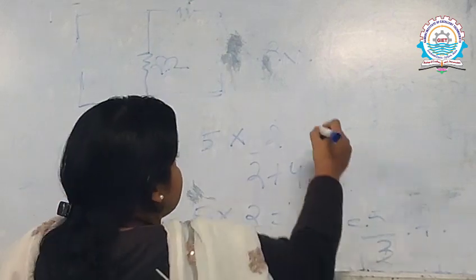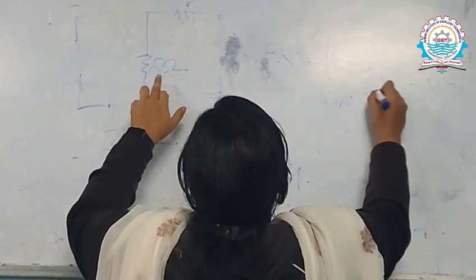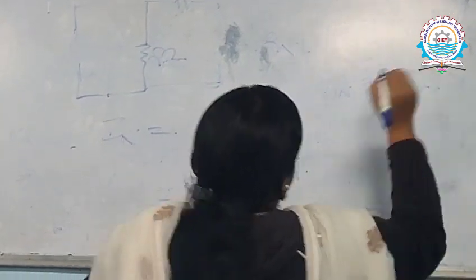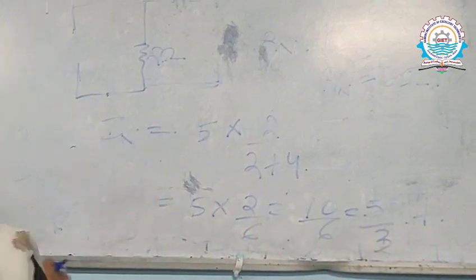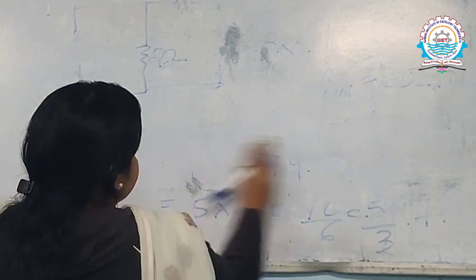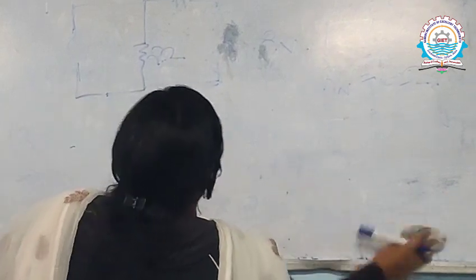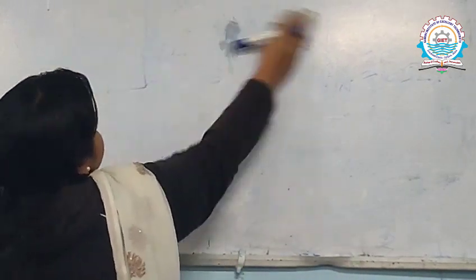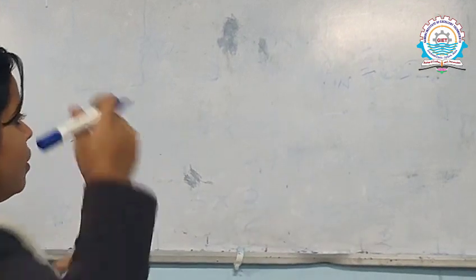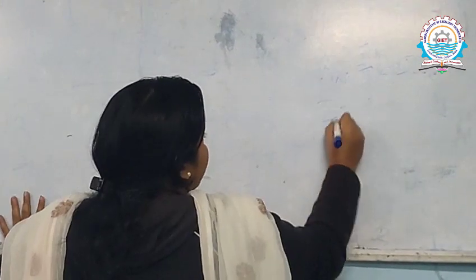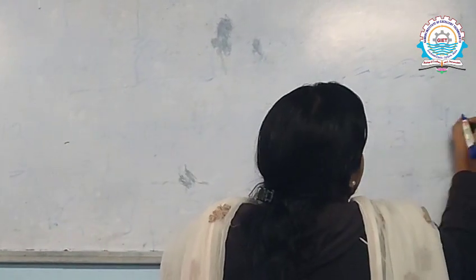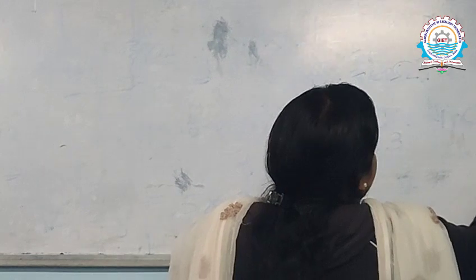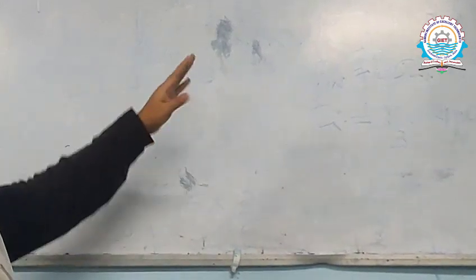So Rn is equal to 4 plus 2, that is 6 ohm. So we found out the IN, we found out the Rn. So we have IN equal to 5 by 3, that is 1.67 ampere, Rn equal to 6 ohm.